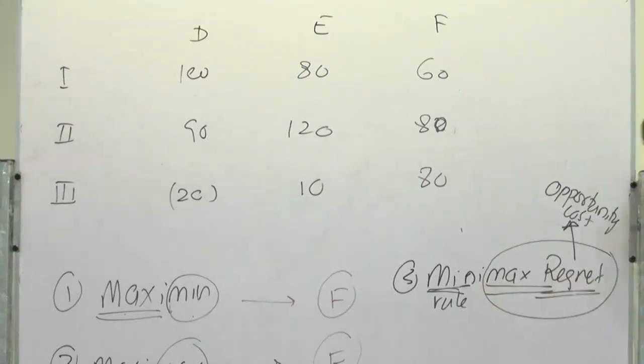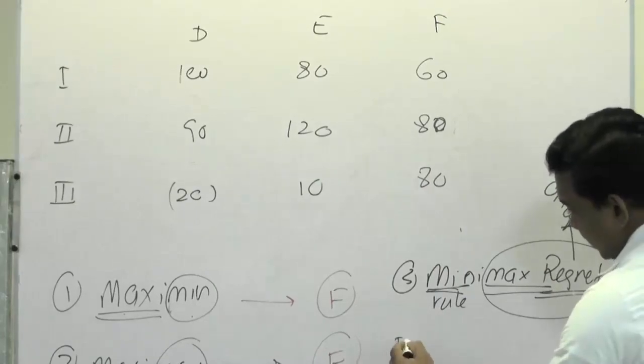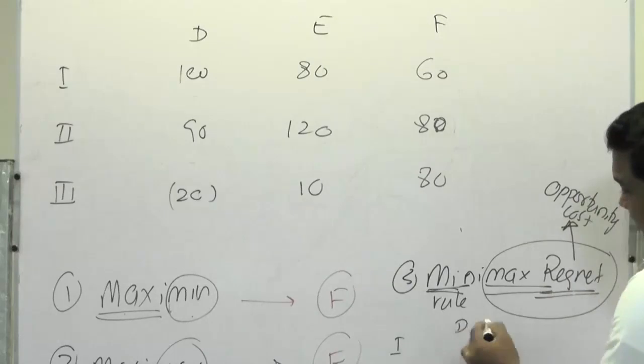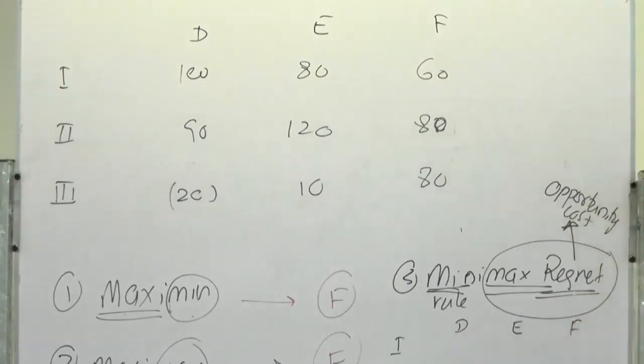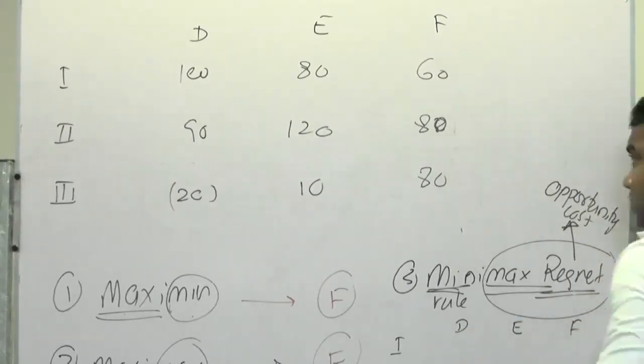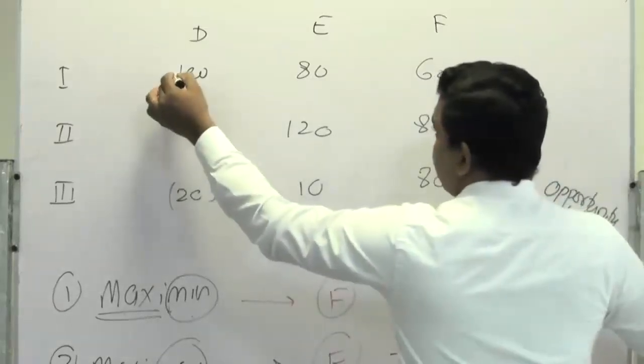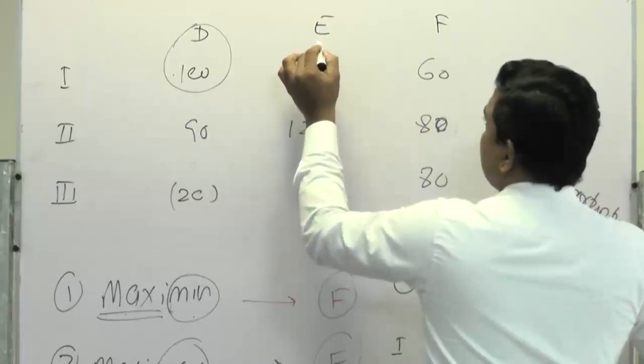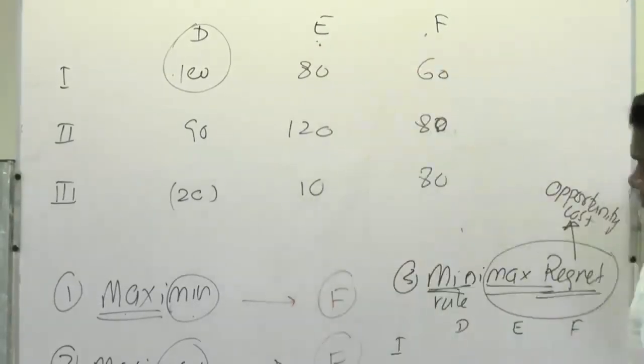Let's see. You have 3 scenarios, 1, 2, 3, and 3 projects D, E, F. Let's assume you have selected this project. Then you won't be able to select E or F, right?